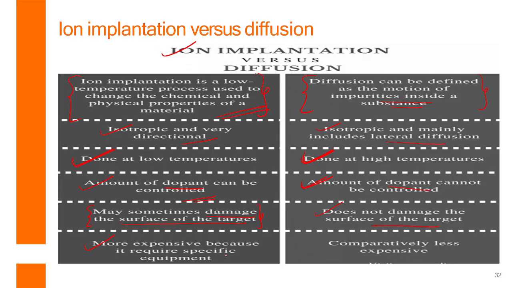Why? Because you need special equipment for implantation. Basically, we can do it at low temperature only, but it is more expensive in nature. Comparatively, diffusion is less expensive.